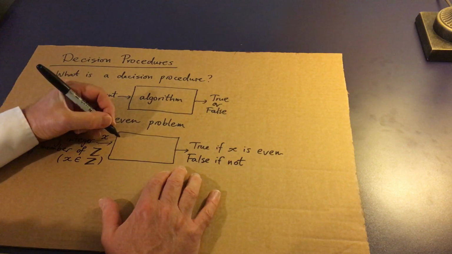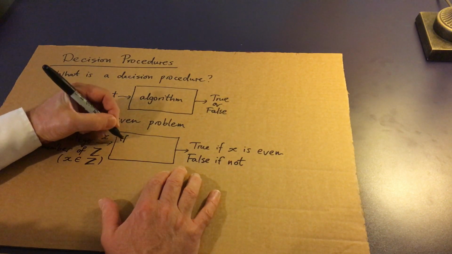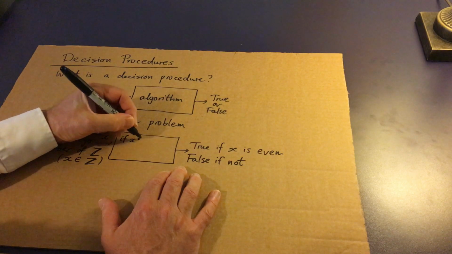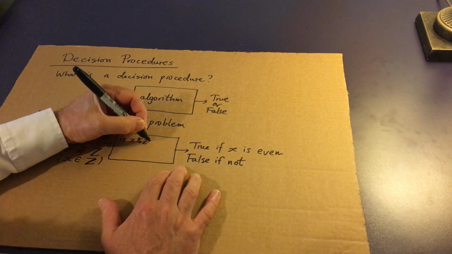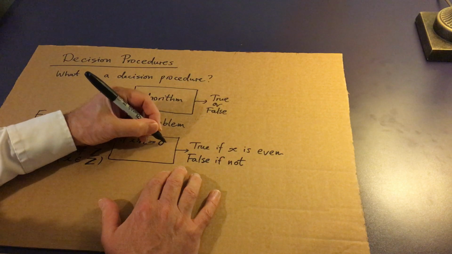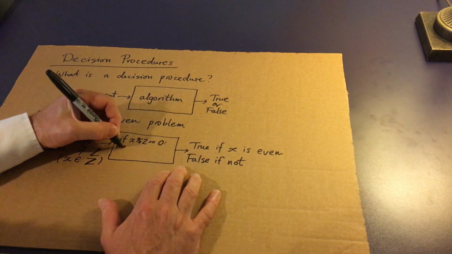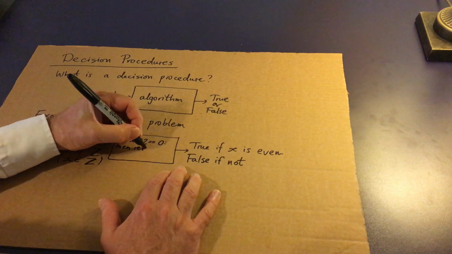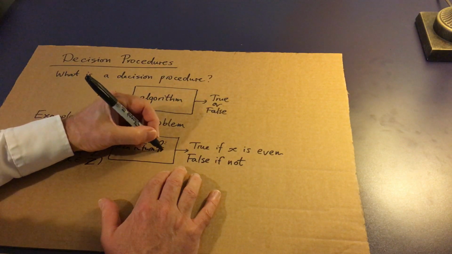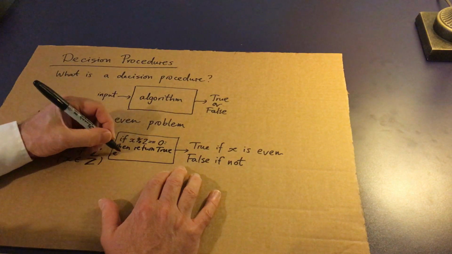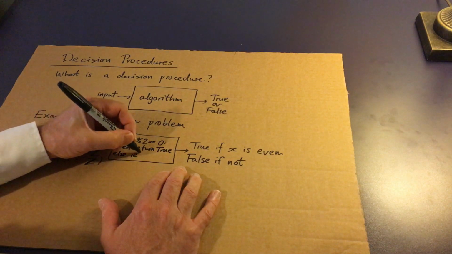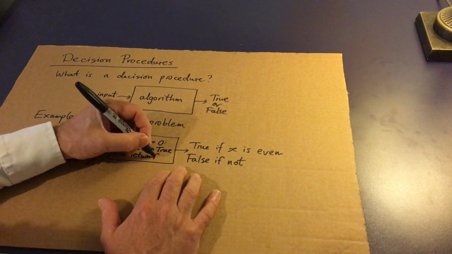What does the algorithm look like? Well, of course, it's very simple. If x % 2 is equal to 0, then return true, else return false.